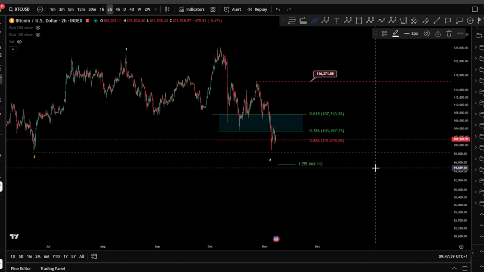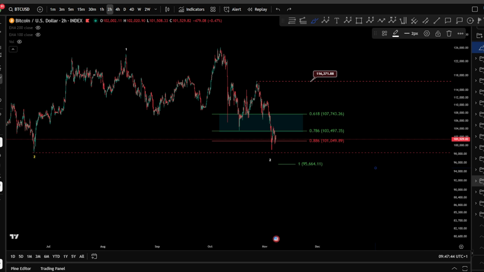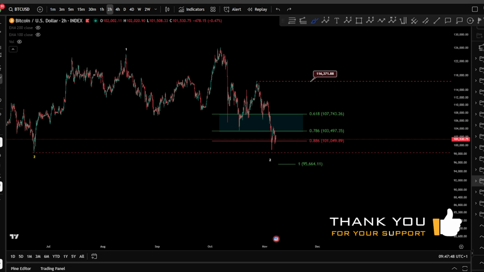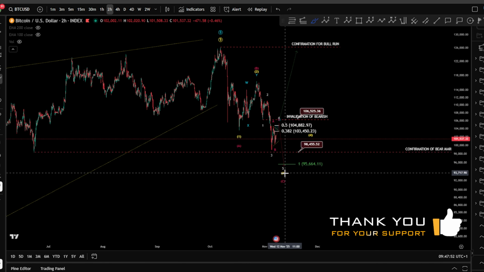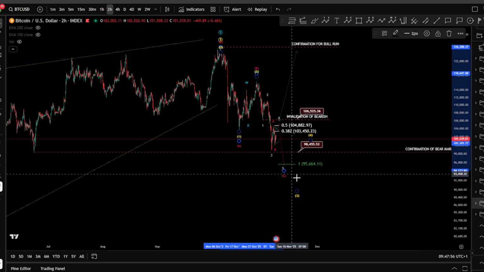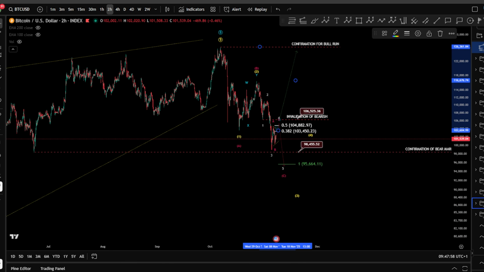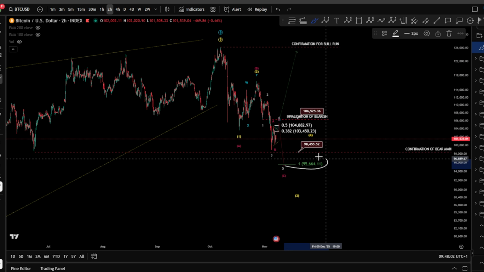Now, one more possibility for Bitcoin here is that you might get the impulse toward the downside. If we get an impulse toward the downside here, this impulse might be a wave 3. This requires slightly lower prices than the 95K 600. That means you need to break this 1-to-1 fib level here.